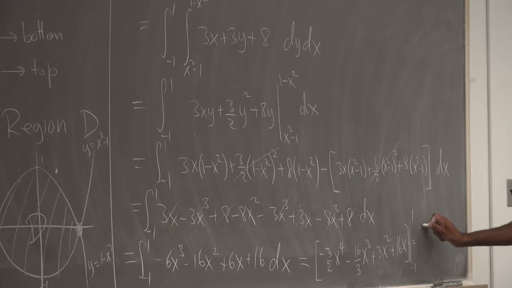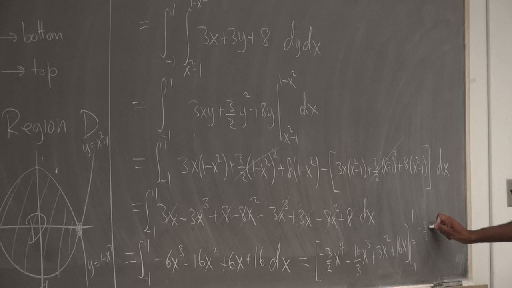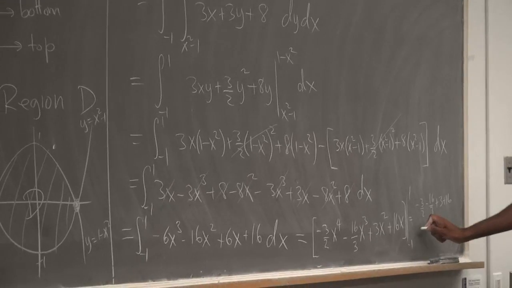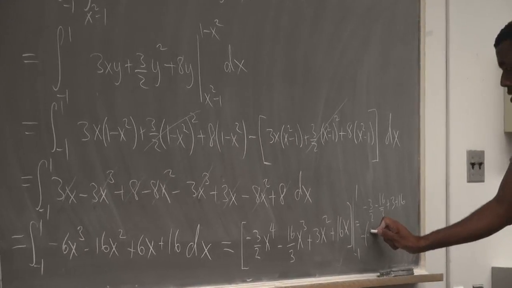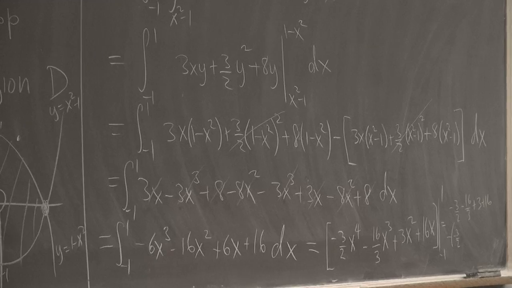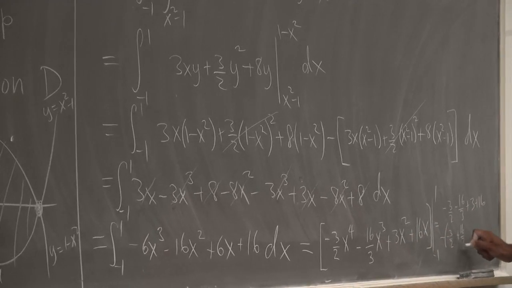So that's going to be minus 3 over 2 minus 16 over 3 plus 3 plus 16 minus 3 over 2. This would be plus 16 over 3.